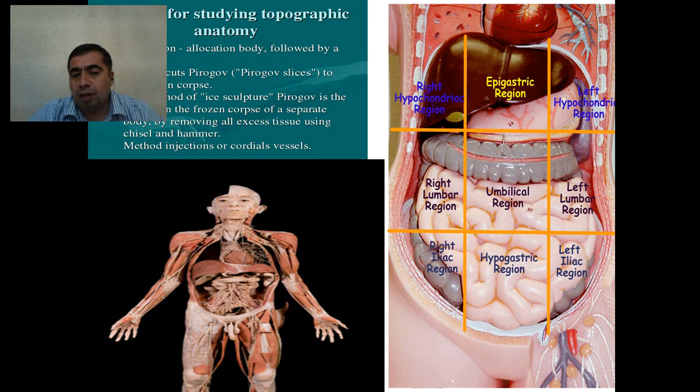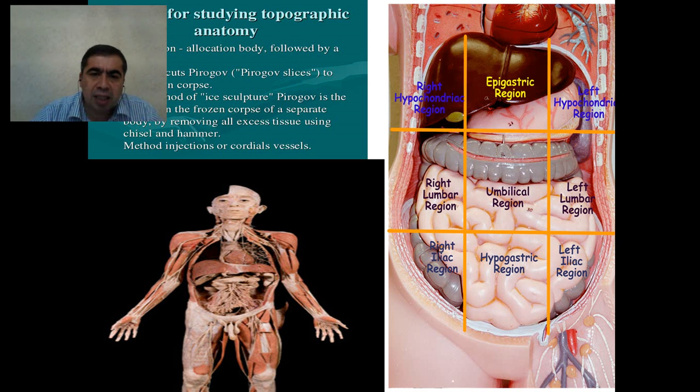The contrast material is injected into the vascular system, and this material fills all the vessels and their branches of a certain region. Of course, this is a very interesting method, and after the injection, you can study this preparation, for example by MRI, by the new methods, or CT, computed tomography, or by simple X-ray.